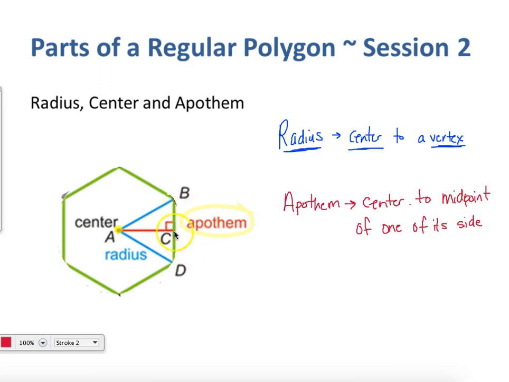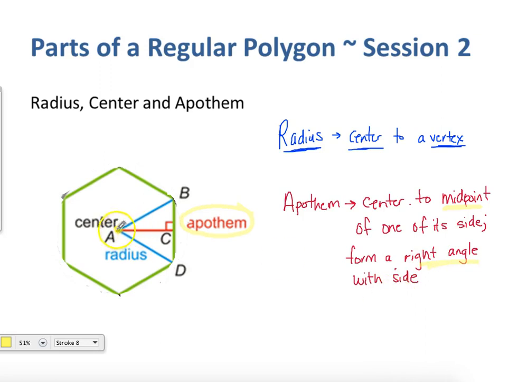Midpoint meaning it's going to divide the side into 2 equal parts, and it must form a right angle with the side. So not only is it a midpoint to the side, which is important to know, but it also must form a right angle with the side.